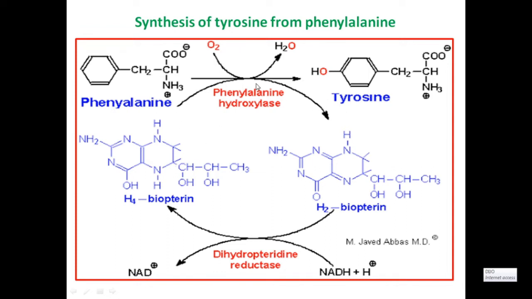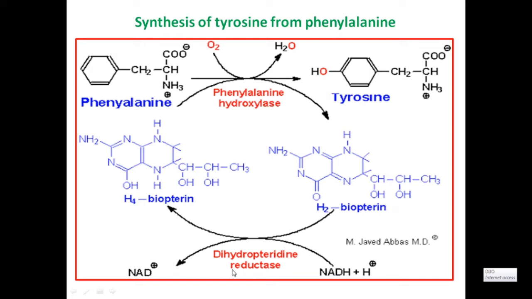Here, in the presence of phenylalanine hydroxylase, BH2, that means dihydrobiopterin, is converted into tetrahydrobiopterin in the presence of dihydropteridine reductase.